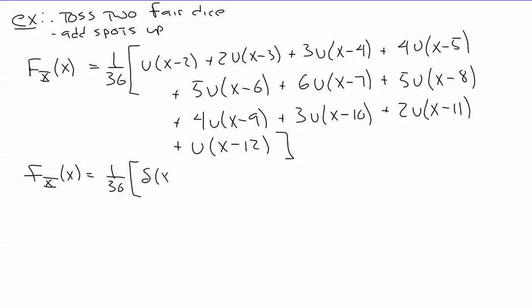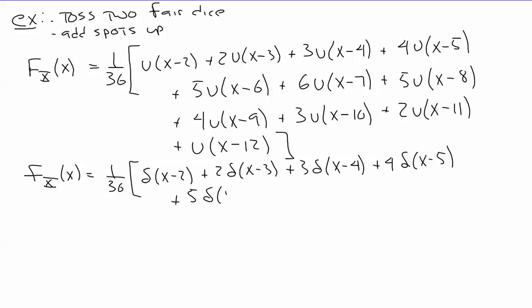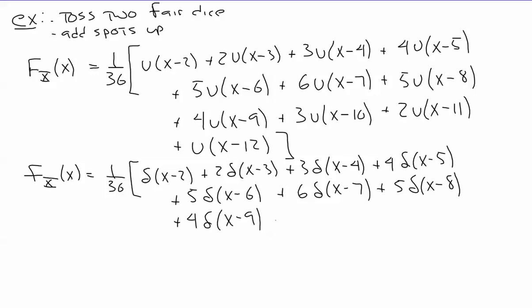It's going to be delta(x minus 2) plus 2 delta(x minus 3) plus 3 delta(x minus 4) plus 4 delta(x minus 5) plus 5 delta(x minus 6) plus 6 delta(x minus 7) plus 5 delta(x minus 8) plus 4 delta(x minus 9) plus 3 delta(x minus 10) plus 2 delta(x minus 11) plus 1 delta(x minus 12).